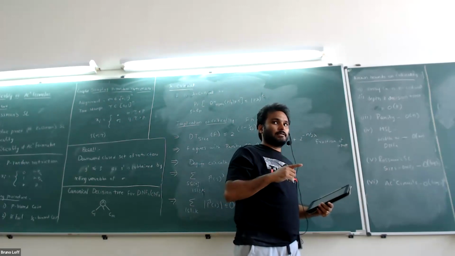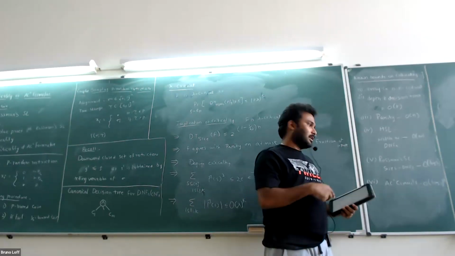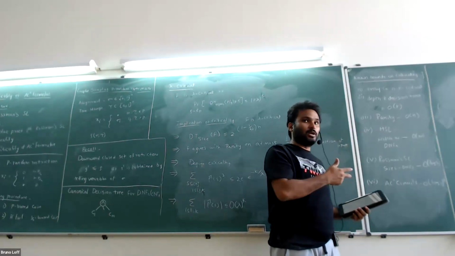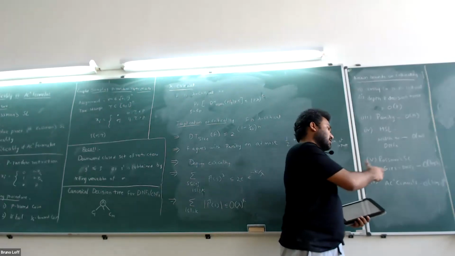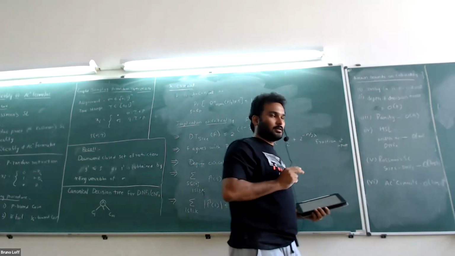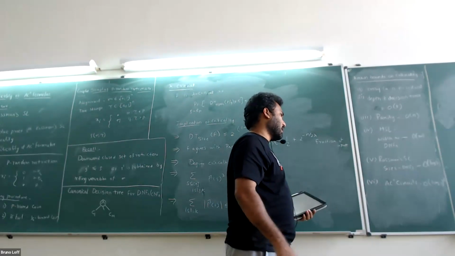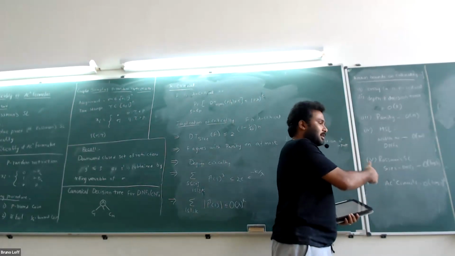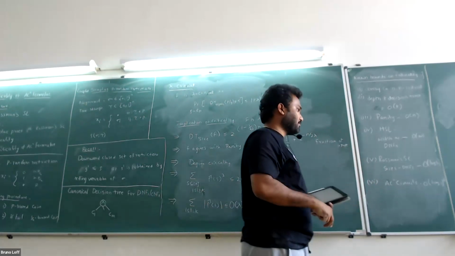Rossman's lemma is the first time this correlation bound was shown, such a good correlation bound. It's a restatement of Rossman, not originally stated in this way.